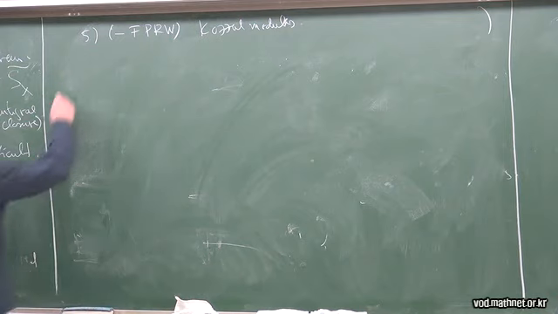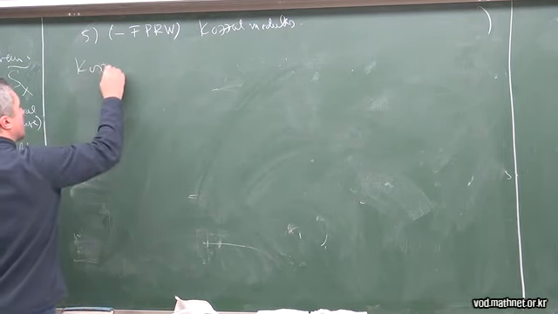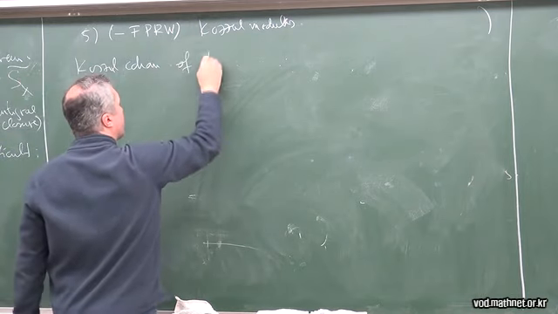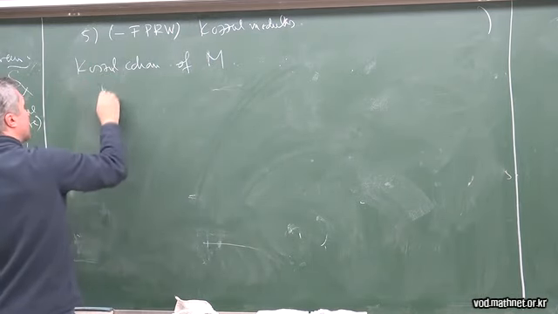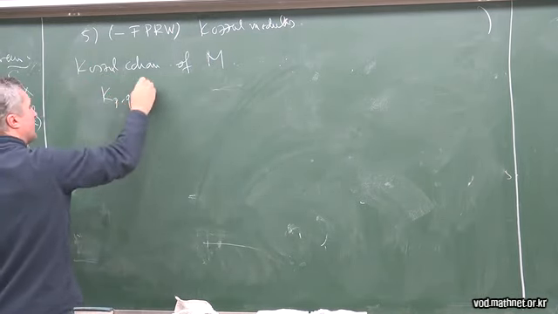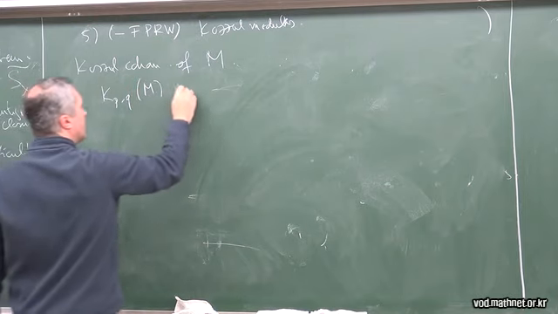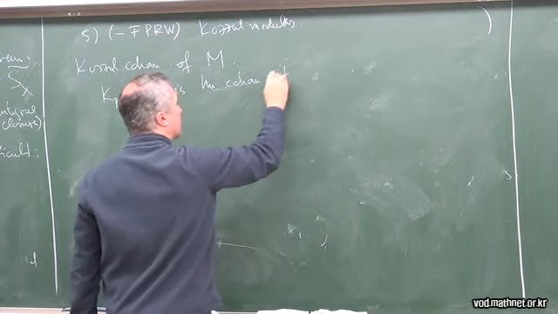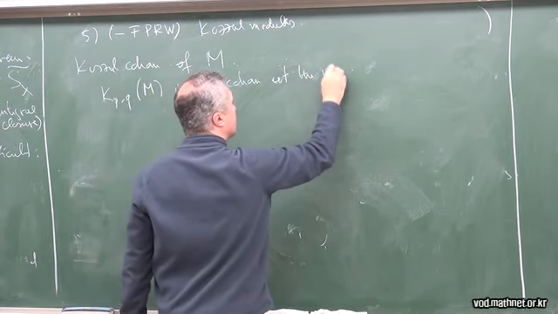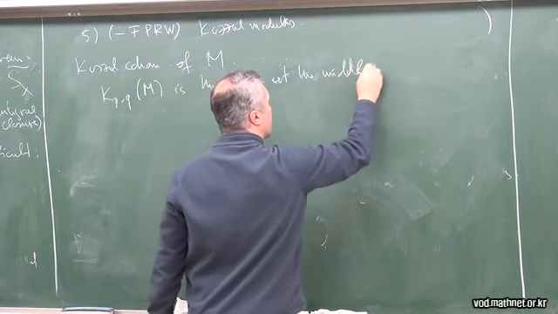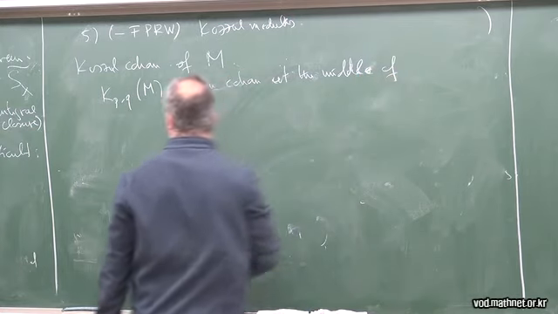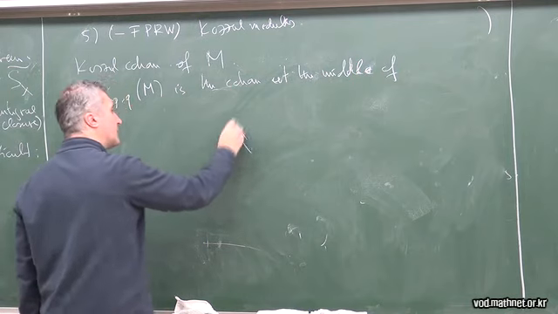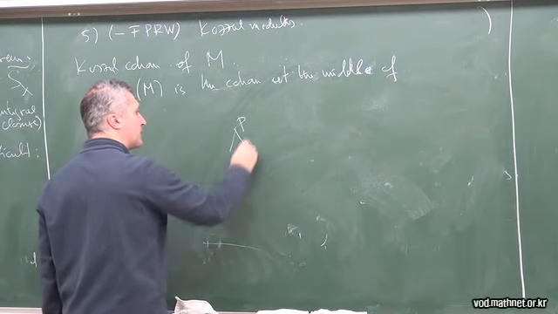So what is Koszul cohomology of M? So this is Kp,q of M, the cohomology at the middle of the complex. So that's a vector space, I should say. So that's a complex of vector spaces.